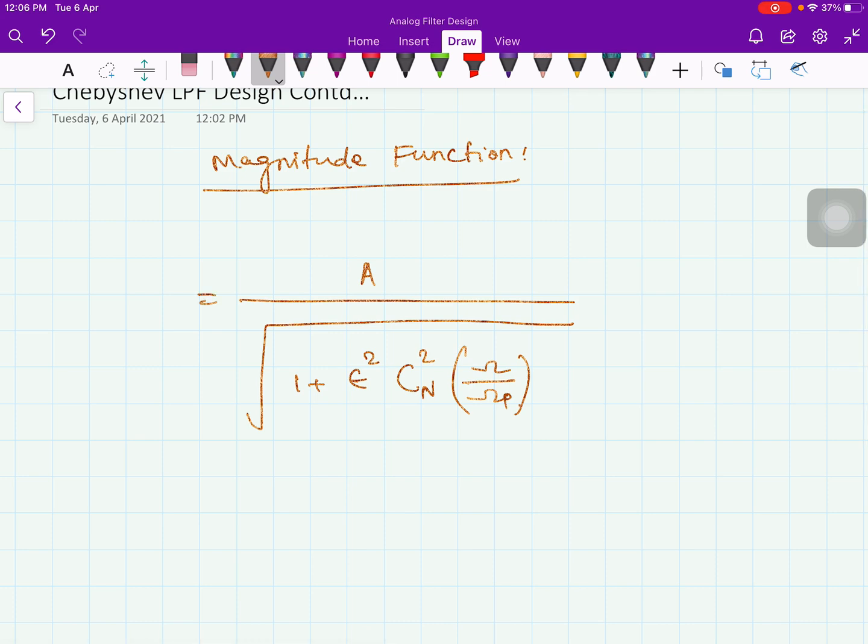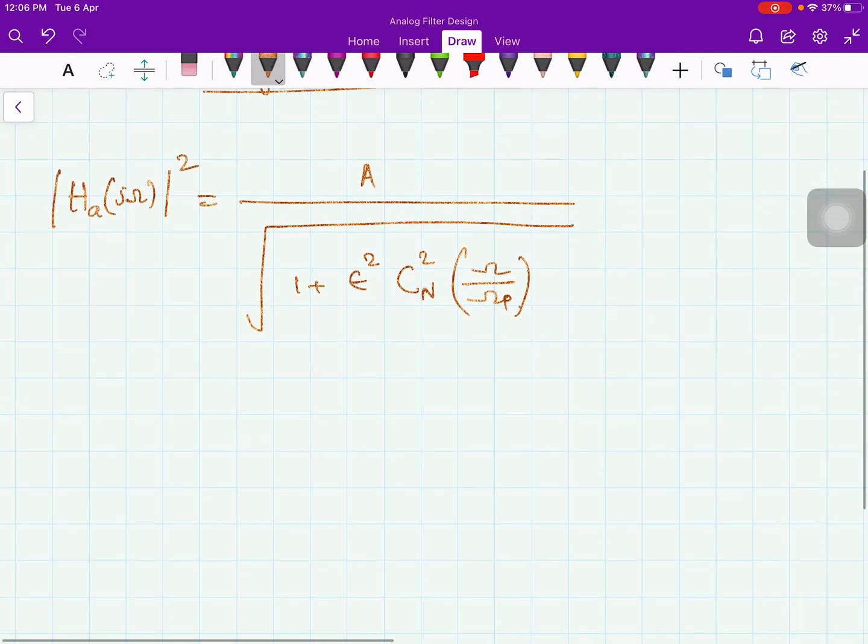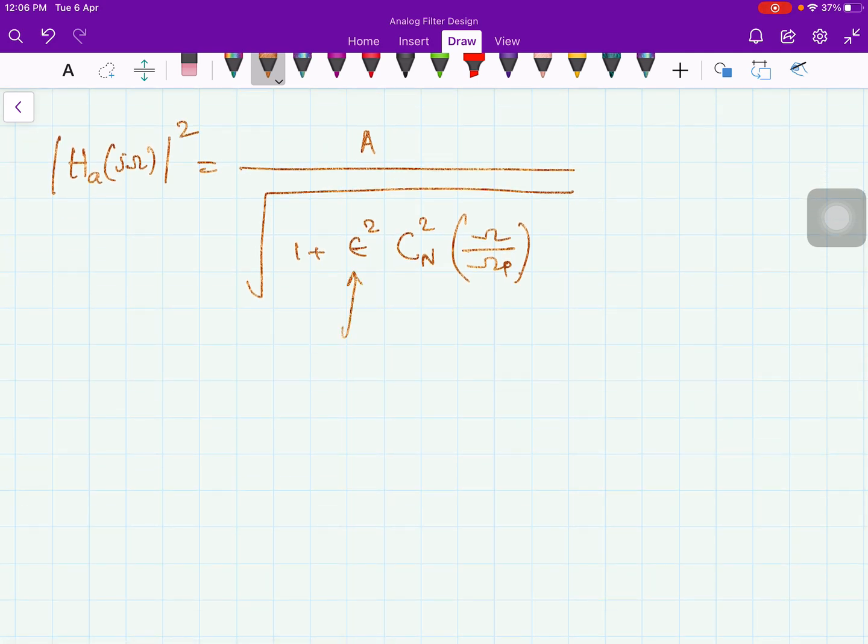This is the magnitude of HA of j omega, where epsilon is a constant, and capital A is also a constant, and capital N is the order of the filter.